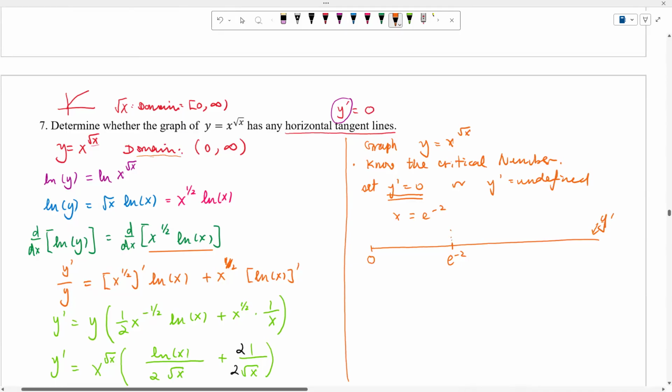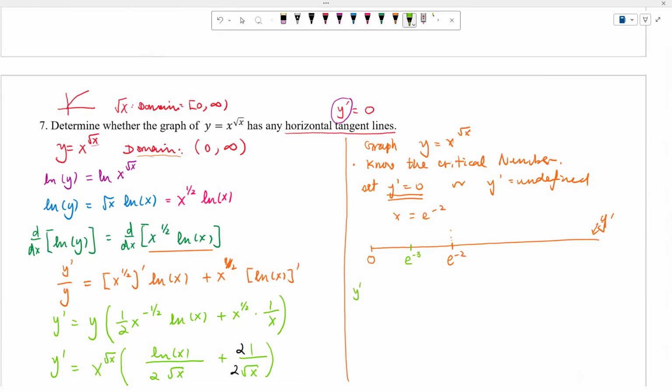Now let us test the function y prime. How about if we use the number e to the negative 3, which is smaller than e to the negative 2, but bigger than 0, to test.